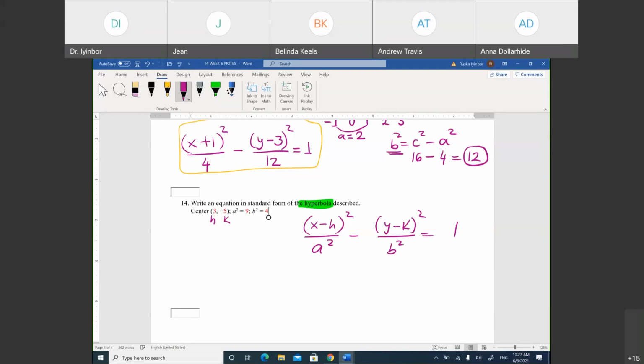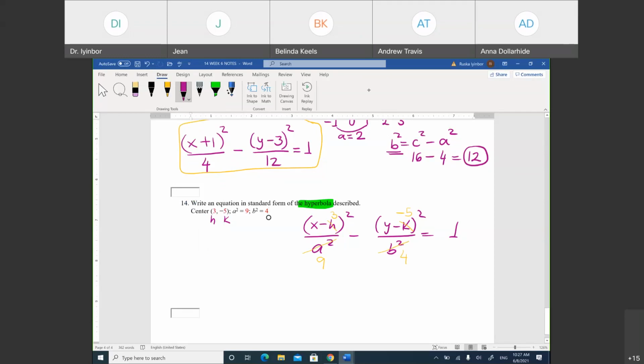Now we're going to replace the numbers. H is 3, so I'm going to replace h with 3. K is -5, so here we have two negatives, we're going to make positive. A squared is 9, and b squared is 4. So you're just going to rewrite this with the given numbers. That's all you're doing, because you have A and B given.